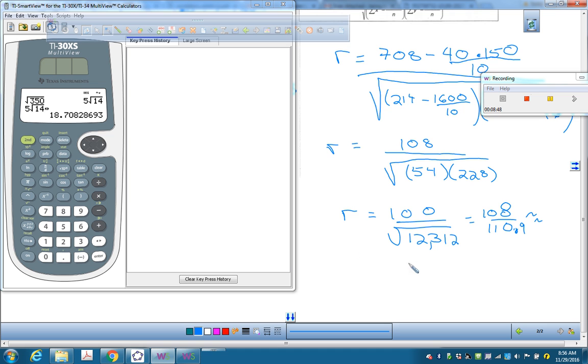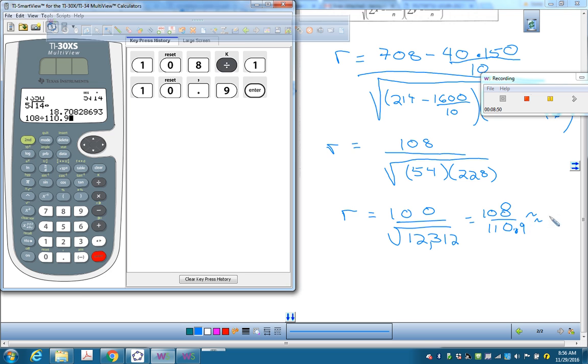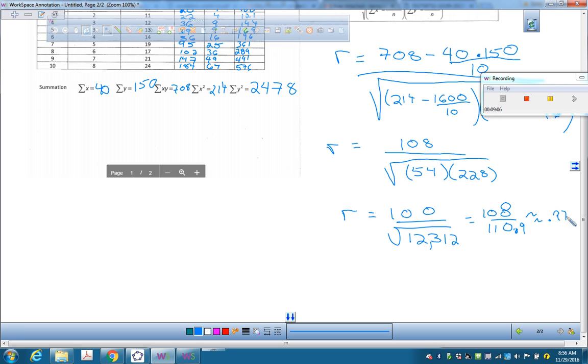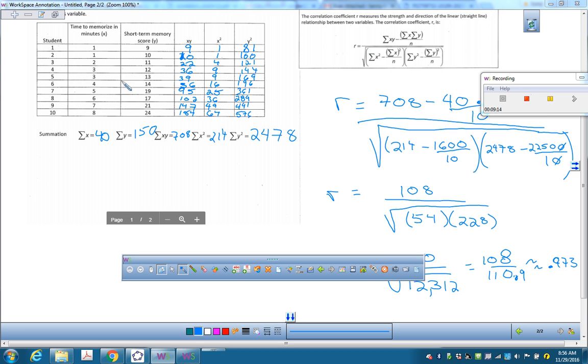And now I'm going to take 108 and divide it by 110.9. And I get 0.973. Whoa! What does that tell you about the correlation between study times and short-term memory score? Strong, positive or negative? Positive.